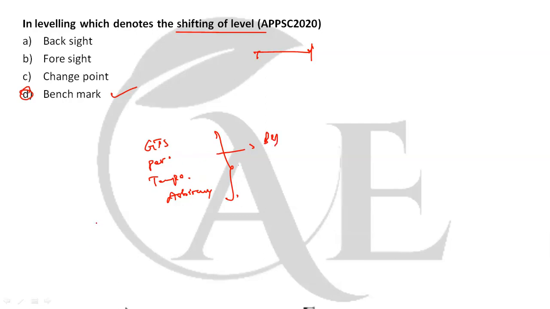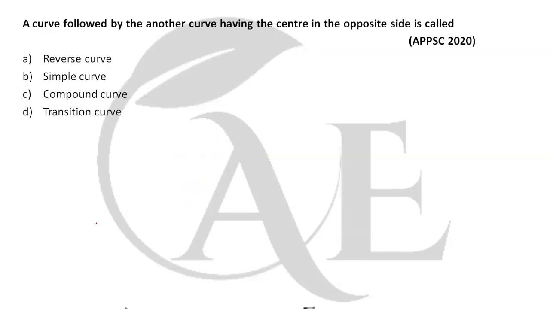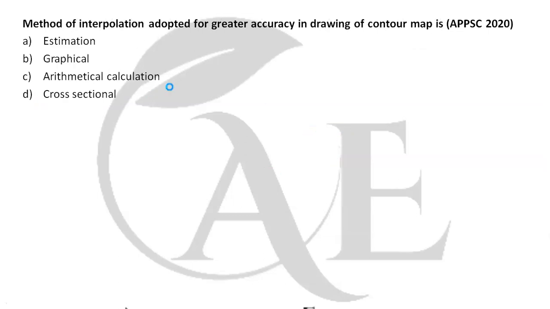Next question. A curve followed by another curve whose center is on the opposite side is called a compound curve. So option C is the correct answer here. Next question. Method of interpolation adopted for greater accuracy in drawing a contour map.